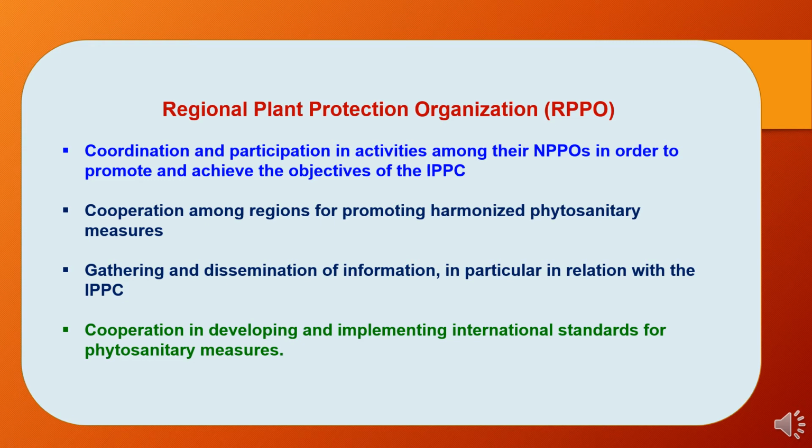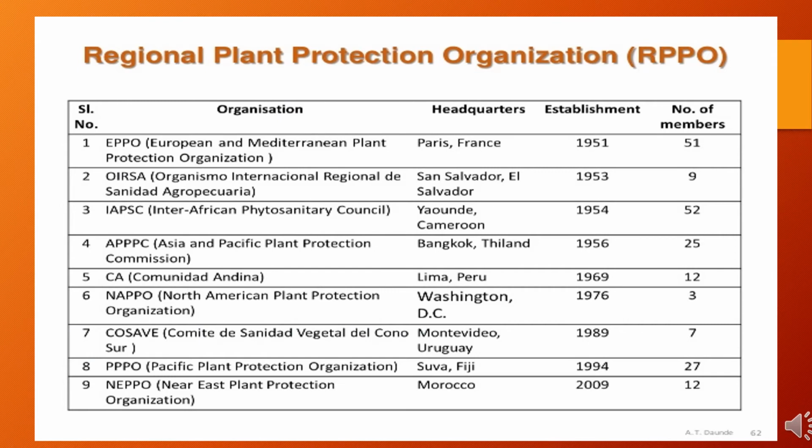There is gathering and dissemination of information, in particular in relation to the International Plant Protection Convention, and cooperation in developing and implementing international standards for phytosanitary measures. Here we have shown the list of regional plant protection organizations which are working in different countries on international quarantine measures to make plant quarantine a success.